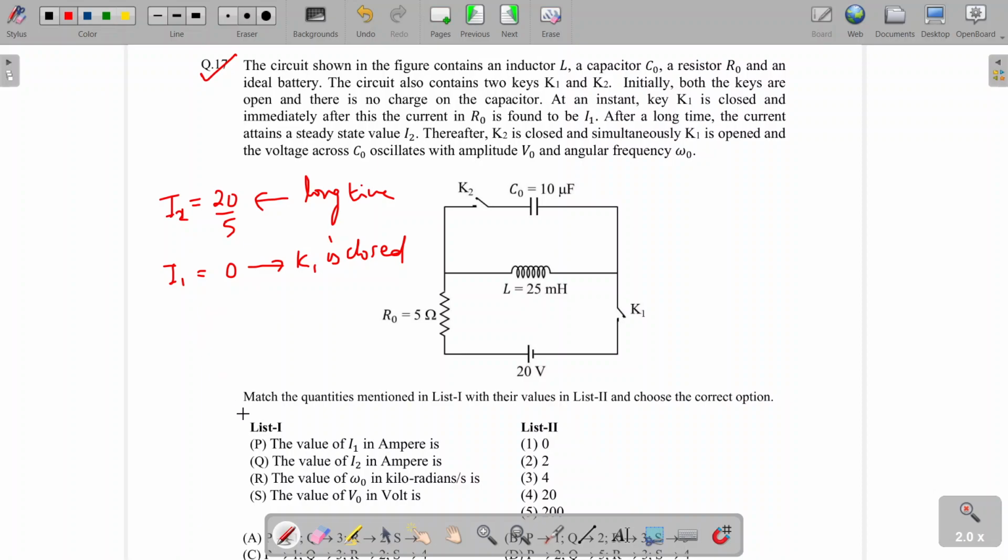Then the last option here is what is the value of V naught in volt. This value V naught is represented when K1 is closed, so there is some inductor current flowing in the inductor. Now simultaneously this key K2 is closed and this key K1 is opened.